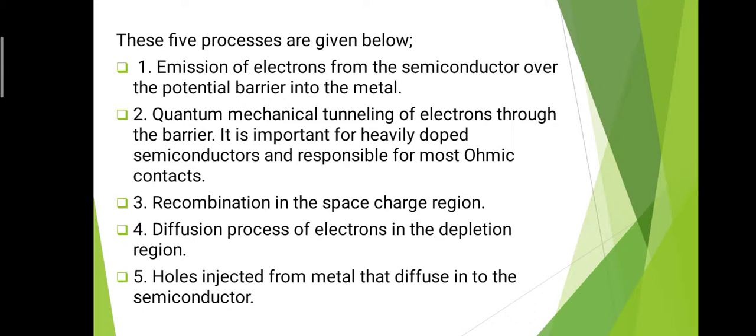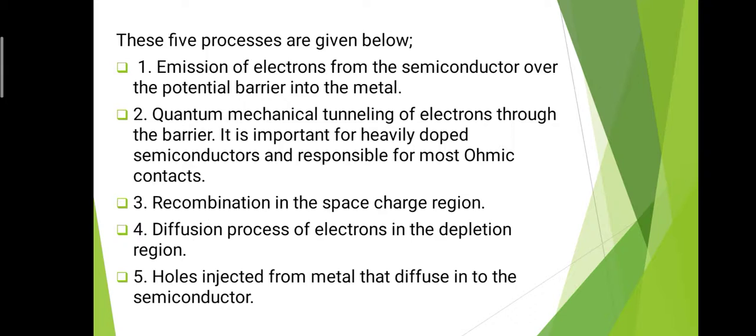As you studied in quantum mechanics, even when there is a barrier height, there is the phenomenon of tunneling of the electron, that means the electron tunnels through that barrier. This is very important in the heavily doped semiconductor, that means a semiconductor with very high doping. So this is most of the time responsible for the ohmic contact.